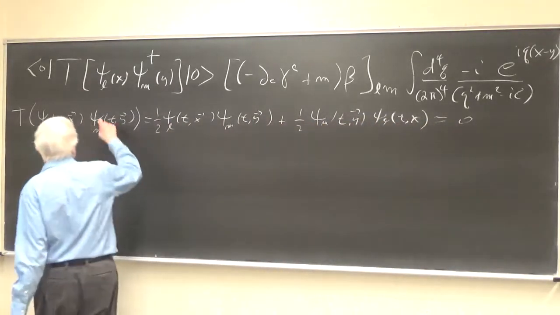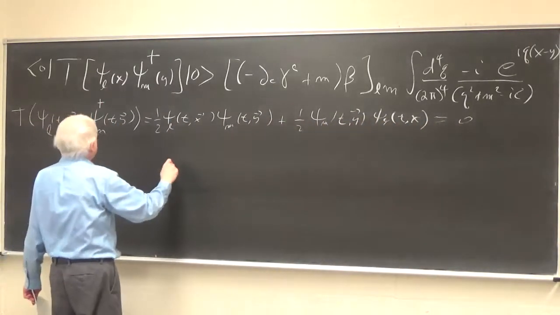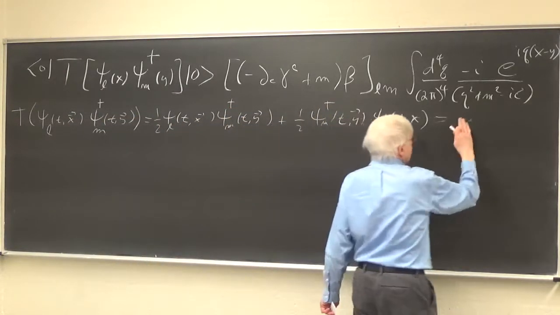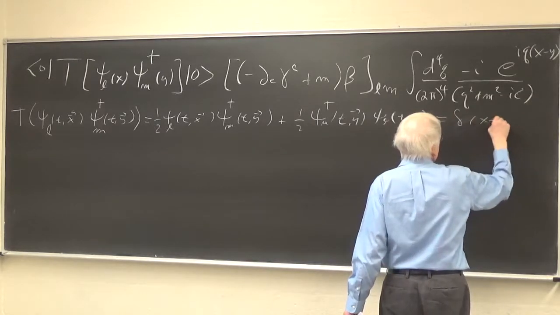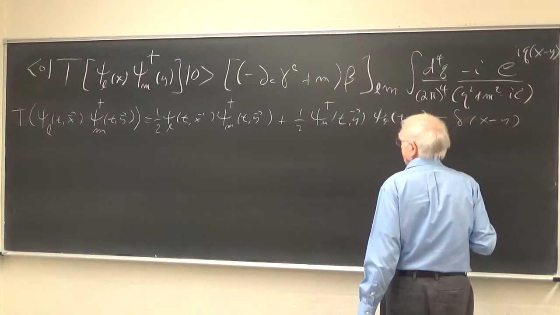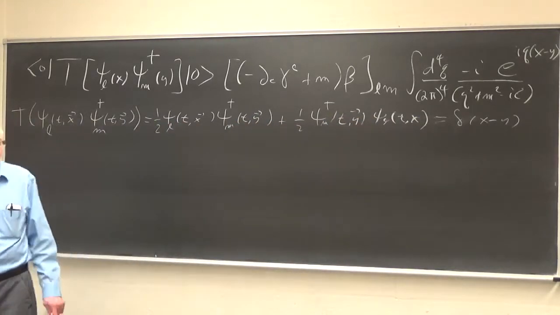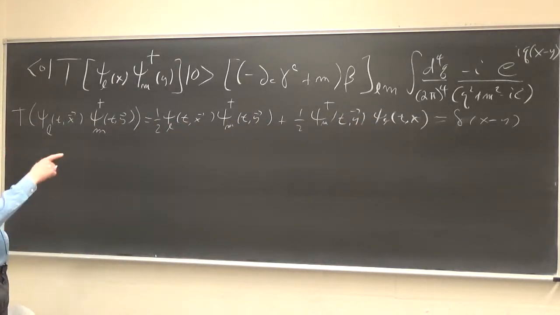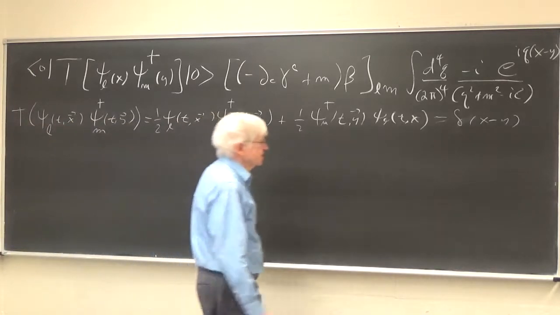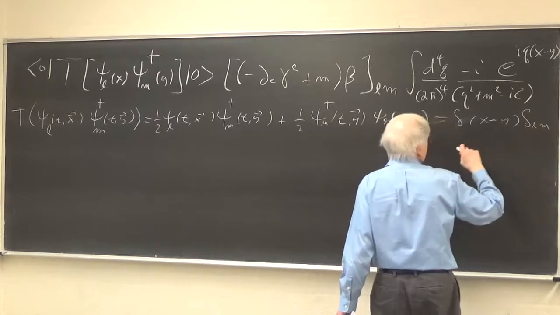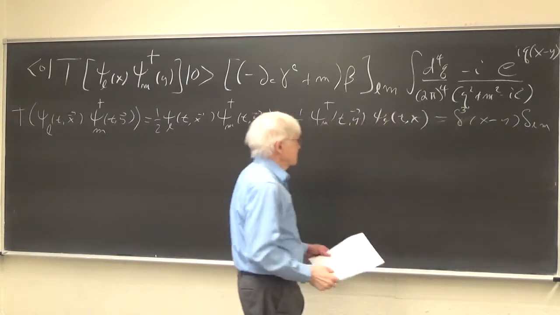If, on the other hand, you had a dagger here, then you'd have a dagger there and a dagger there, and then what we would be getting would be delta of x minus y, because the anti-commutator, well, we may not have discussed this topic yet, but in fact it would be a delta function times delta Lm, and it would be delta q of x minus y.